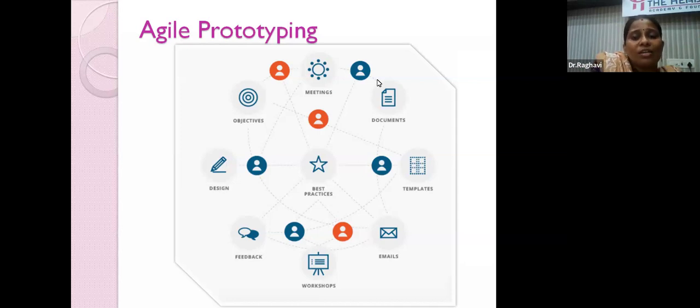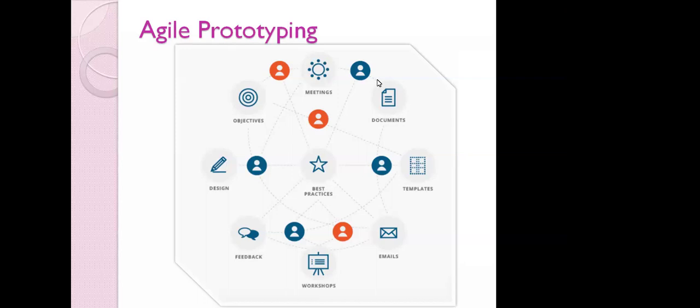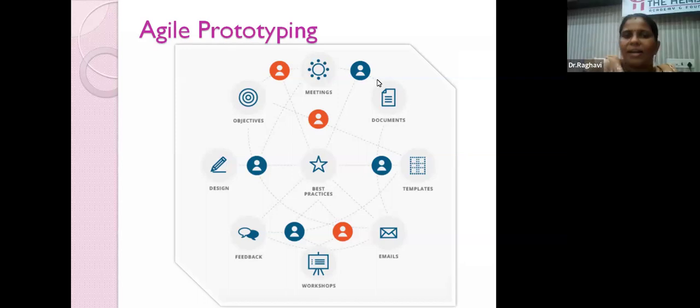Okay. So what you can see in the image is the best practices all around the construction of a training program. Can you all connect the dots and see?